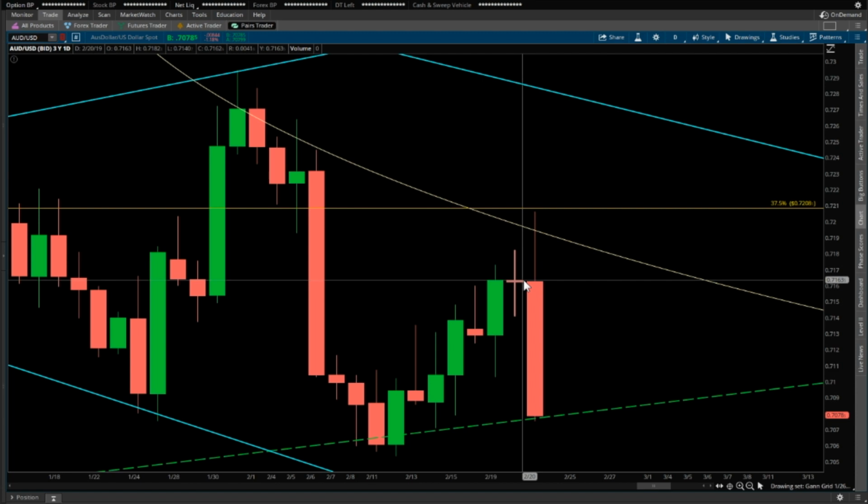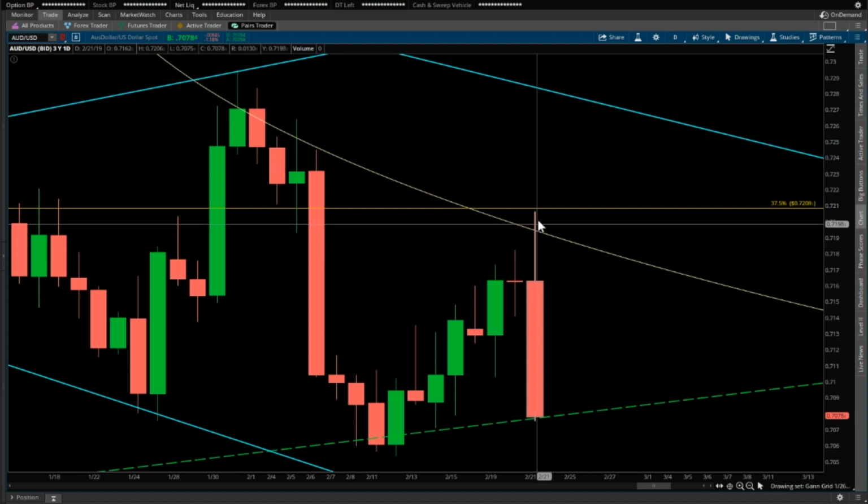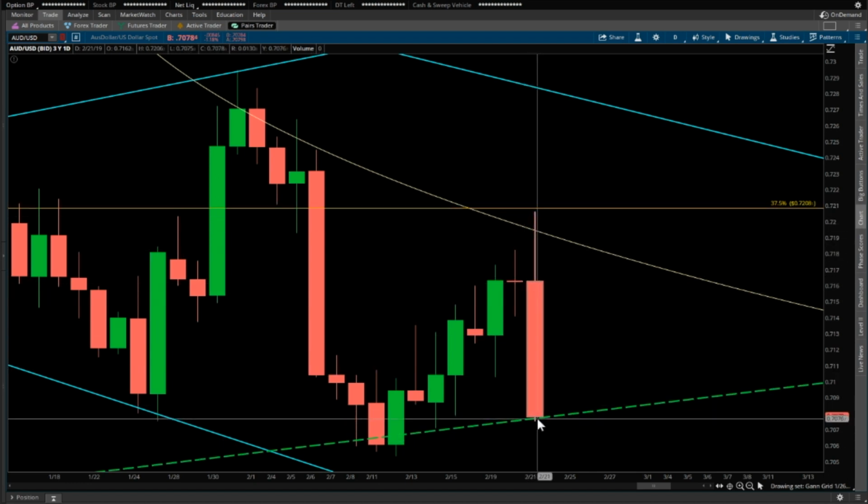I got short right here, it could have been maybe the same price I got out, 71.60, 62, around there, and enjoyed this ride going down. I just covered here, got out. I'm waiting to see what it's going to do.